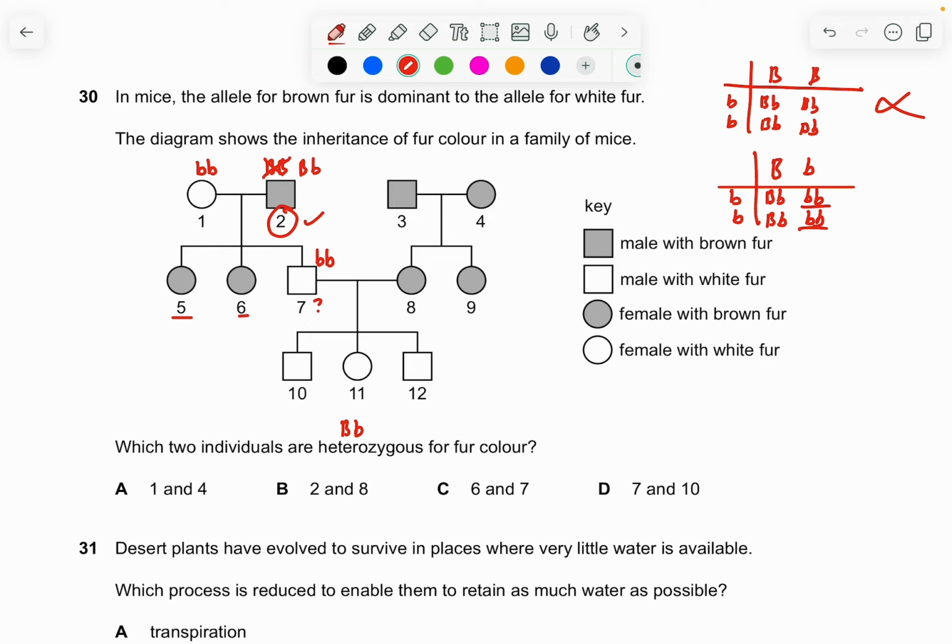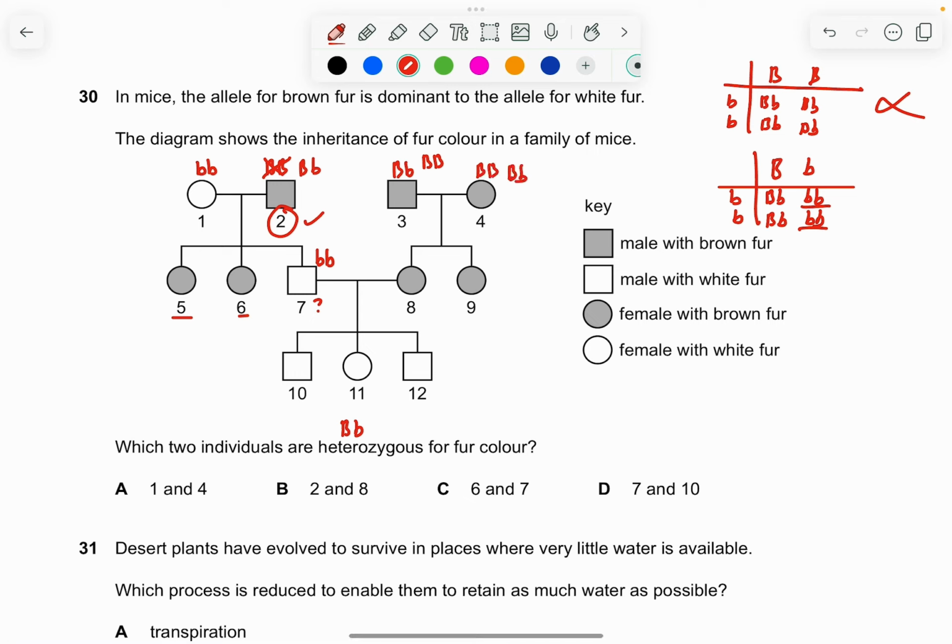Now, let's check 3 and 4. How is it going to form 8 and 9? In this case, you have a male having brown fur and a female who also has brown fur. So you can kind of know that this is either big B, big B, or big B, small b.